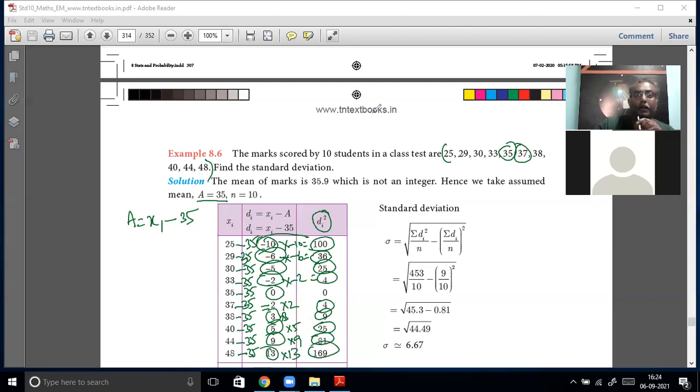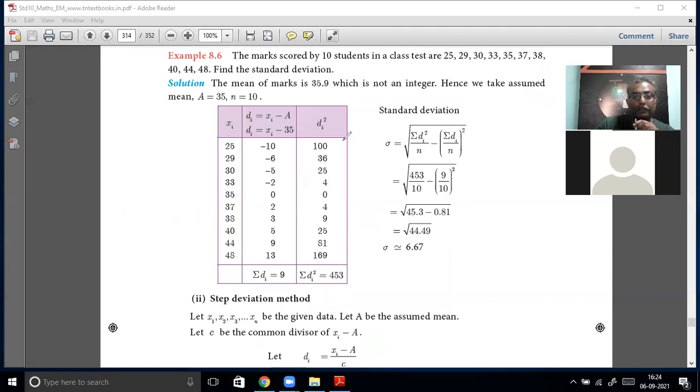Now what you have to find? You have to find the sigma of di squared. That means you have to sum up all these: 100 plus 36 plus 25 plus 4 plus 4, all of that. Okay, that is very simple.